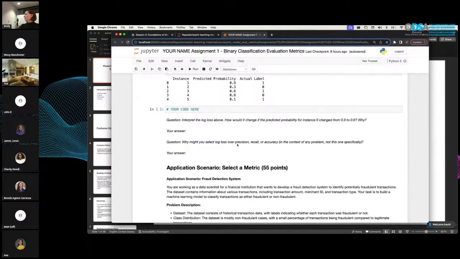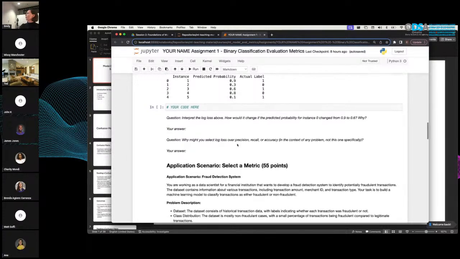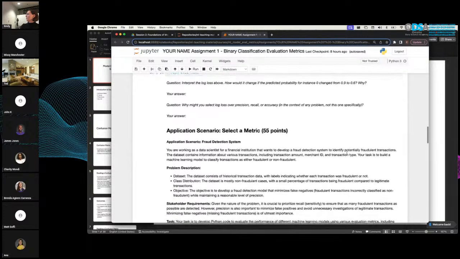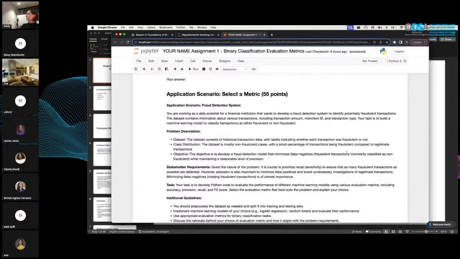And what's a situation outside of this where you might select log loss over precision, recall, or accuracy? Not in the context of this problem specifically. We only have 5 records here. I don't know if you can draw any significant conclusions from that, but like in general, just showing your understanding of log loss.